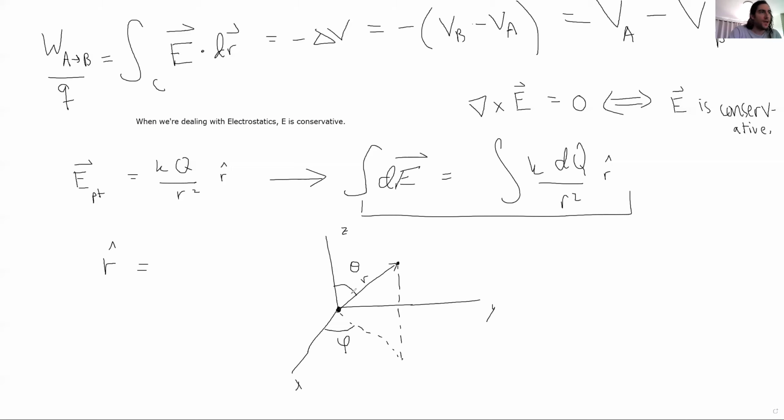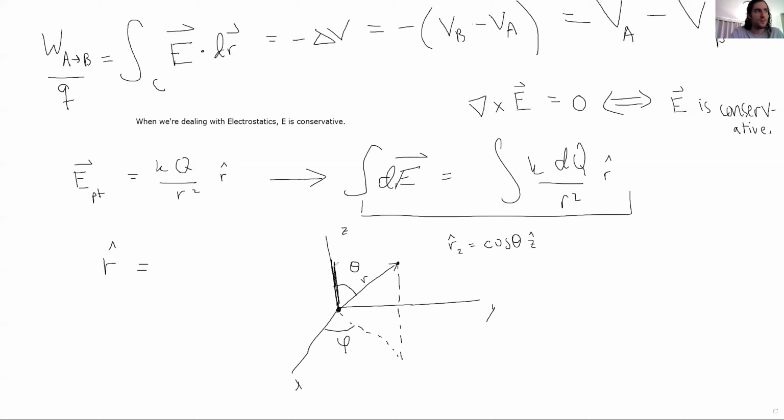Okay, so if r here is this vector and theta is measured from the z-axis, then the z component, r hat sub z, is equal to simply the cosine of theta times z hat. Right? Because the cosine of theta there gives us the component along this direction.